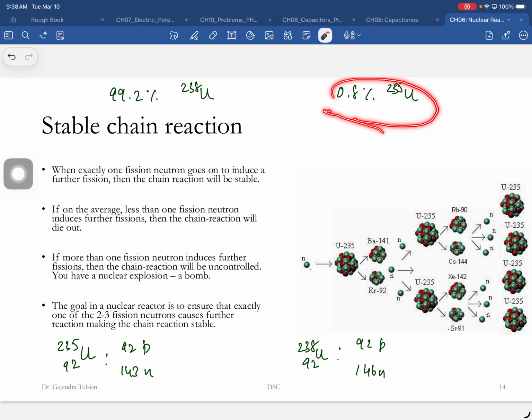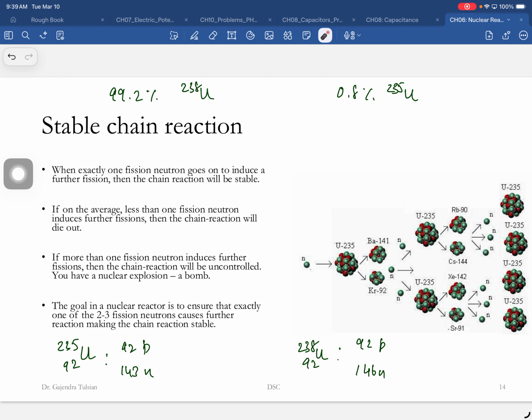You want a higher percentage of uranium-235. For a bomb, you need to enrich uranium even more. In a bomb that explodes, you want over 70% uranium-235, so you have to enrich it quite a bit, and that's a hard and expensive process. This uranium-235 is what we are going to split in a nuclear reactor.